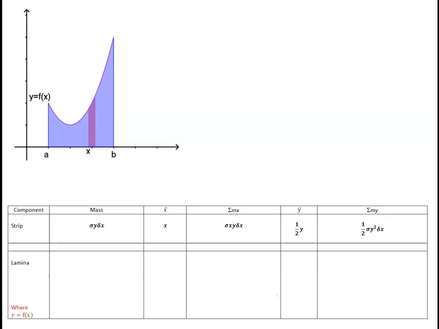So for the whole lamina, we need to take the sum of all of these sigma y delta x terms. To make it an accurate approximation, we need to take the limit as delta x tends to 0. That ends up giving me the integral between a and b of sigma y dx, which, provided sigma is a constant, gives me sigma times the area of the lamina.